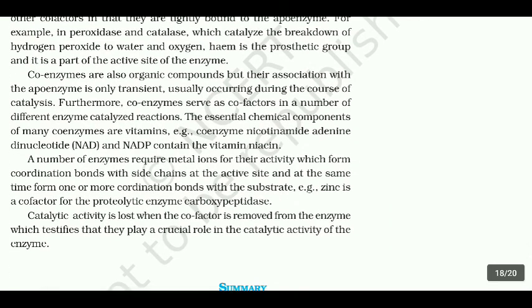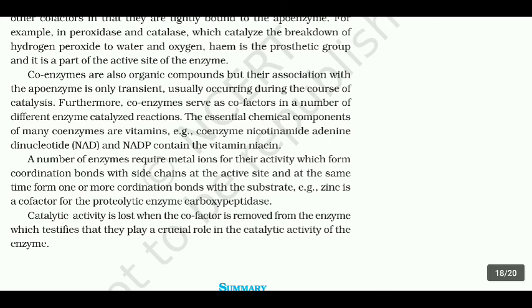Coenzymes are also organic compounds, but their association with the apoenzyme is only transient, usually occurring during the course of catalysis. Furthermore, coenzymes serve as cofactors in a number of different enzyme-catalyzed reactions. The essential chemical components of many coenzymes are vitamins. Example: the coenzymes nicotinamide adenine dinucleotide, NAD, and NADP contain the vitamin niacin.